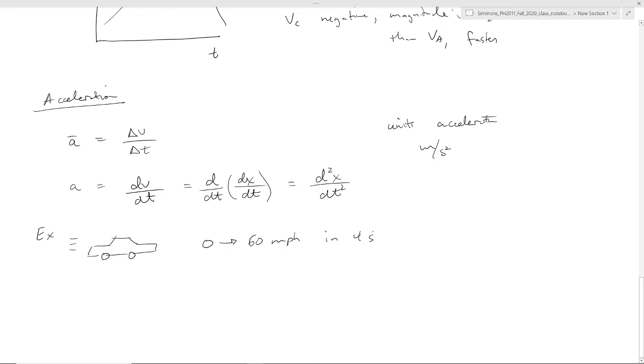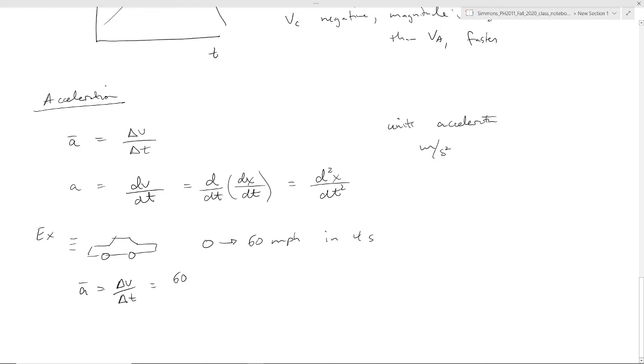So we're going to say we know the acceleration. In this case we would just find the average acceleration. So in other words, we're going to divide the change in velocity by the change in time.